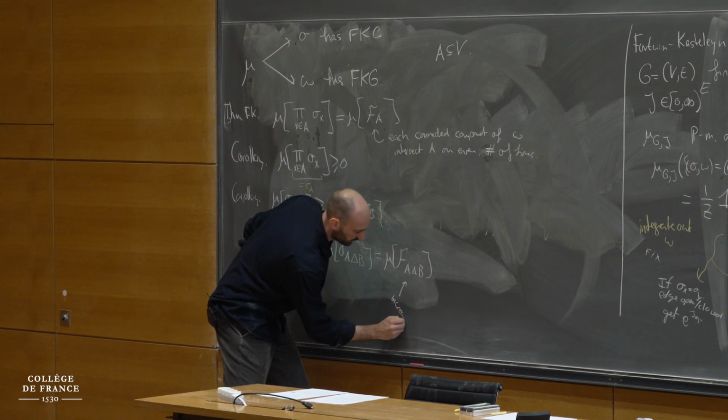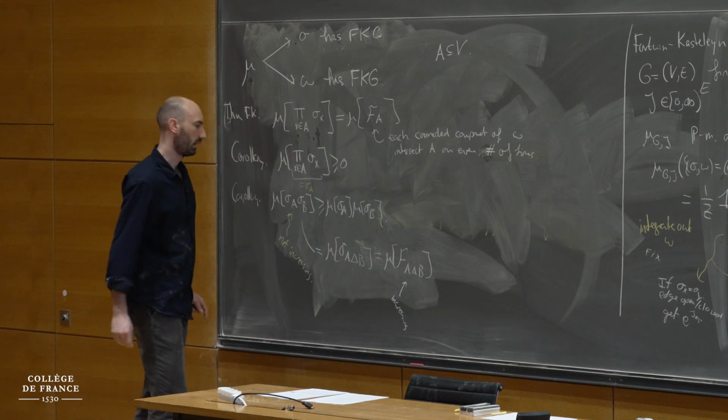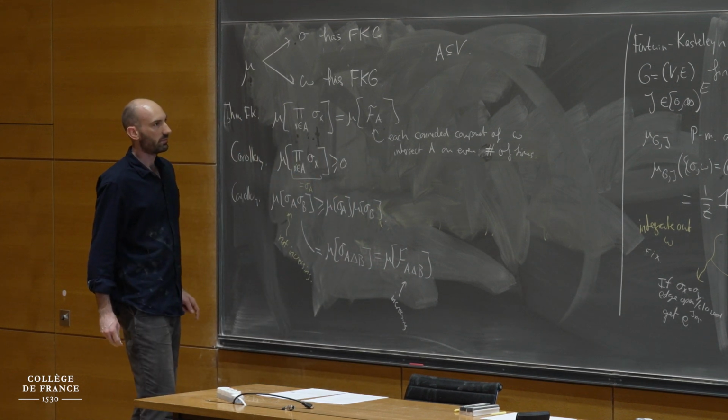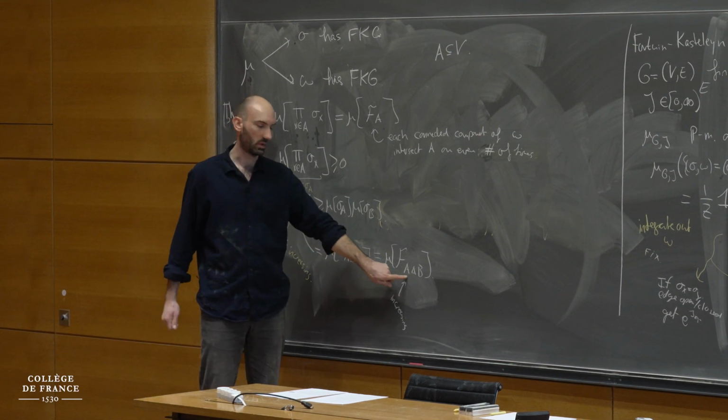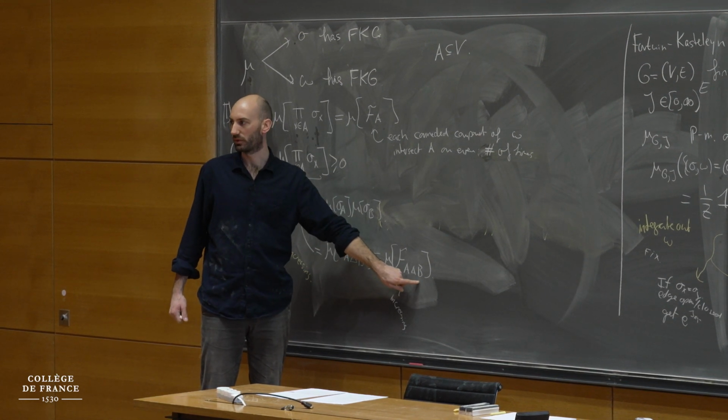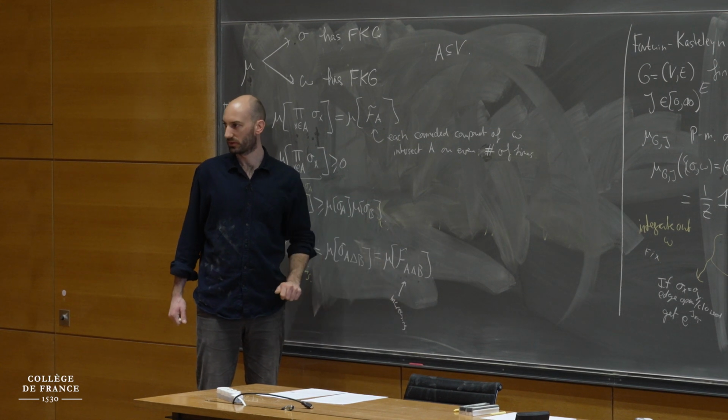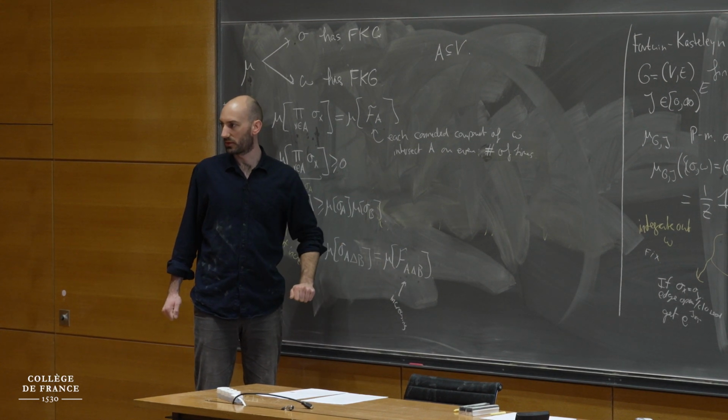Okay, actually, we don't use it yet. But if a percolation configuration intersects A an even number of times and B also an even number of times, then it will also intersect the symmetric difference an even number of times, right?